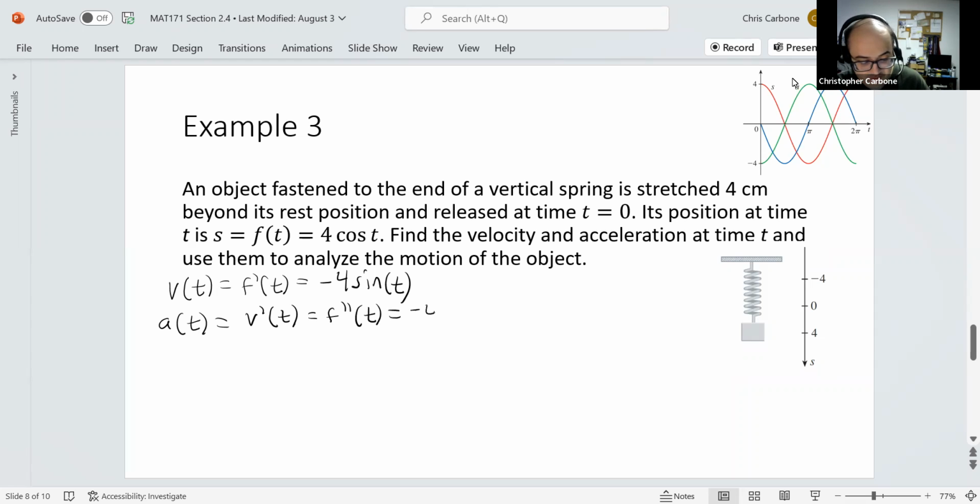This would be negative 4 times the cosine of t. And you can see the periodic graphs up here based on our function. The red one is the position function, the blue one is the velocity, and the green is the acceleration between 0 and 2 pi.